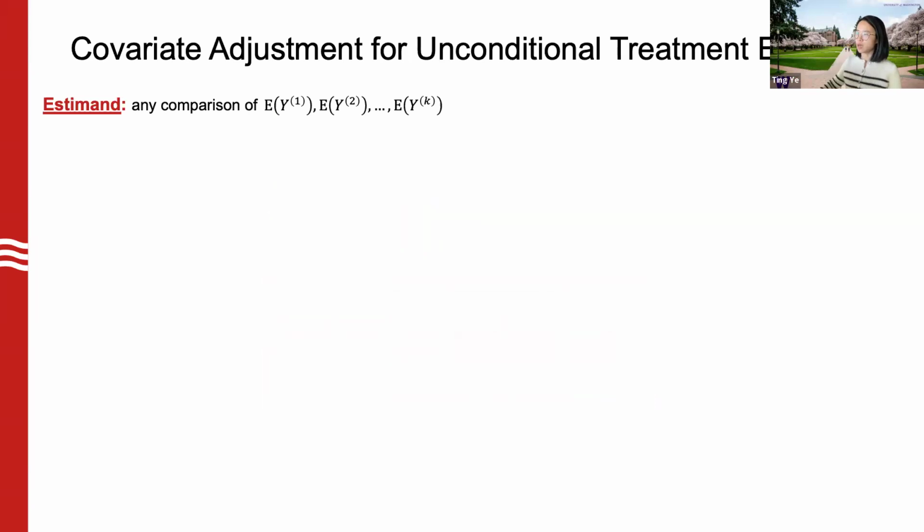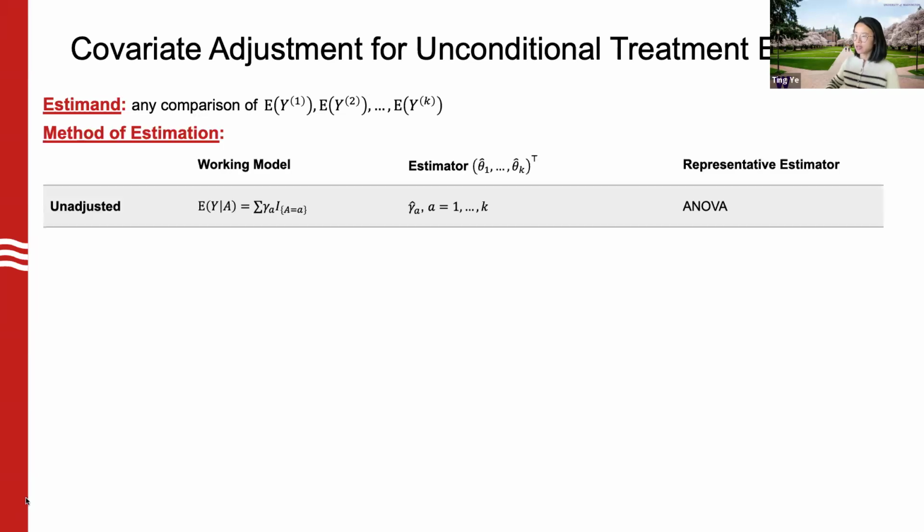So my focus will be on the unconditional estimand, which is any comparison of these unconditional expected values of outcome means across different arms. And for a full general framework, we consider multiple arms. We have K treatment arms. And so the easiest method to estimate this estimand is the unadjusted method, which is just a simple average outcome mean across different arms.